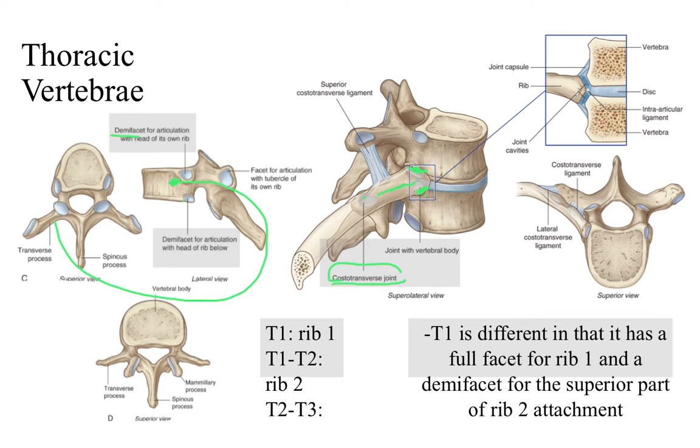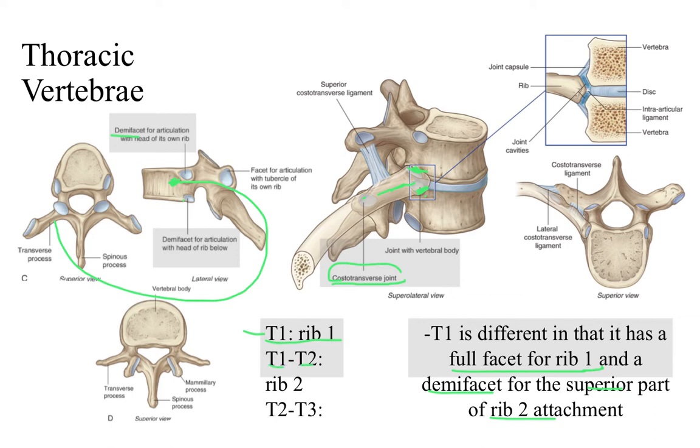All right, and the way that they're numbered, T1 is different than all of the other thoracic vertebrae in that it has a full facet for rib 1. So rib 1 is associated with vertebrae 1, and it has a demifacet for the superior part of rib 2 attachment. So the way they're numbered is T1 is associated with rib 1.